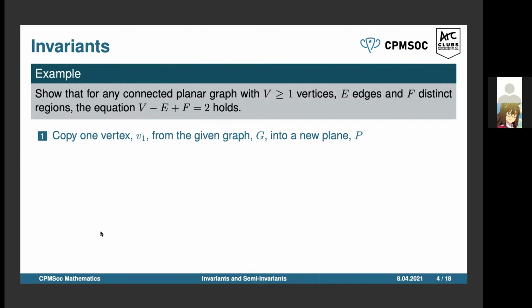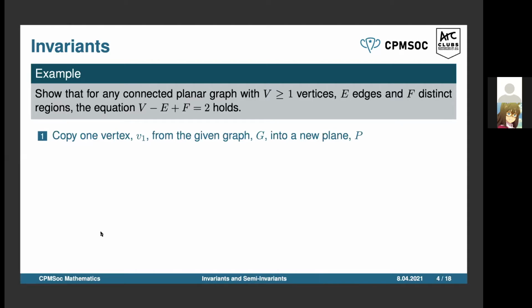So for whatever graph you have, take one of the vertices and make a copy of it in a new plane P. If you have a plane with just one vertex in it, then you have one vertex, 0 edges, and one face. If you compute the invariant V minus E plus F, you'll get 2.